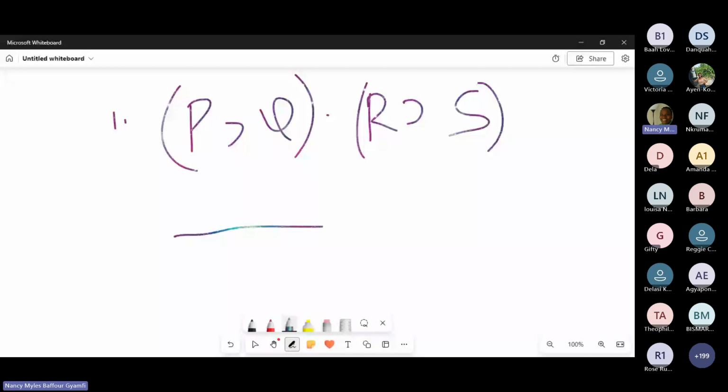What's the second premise, and then what will be the conclusion? P disjunction R, P or R. So the next premise is P disjunction R. Therefore, we can prove, very good, don't forget them, Q disjunction S.